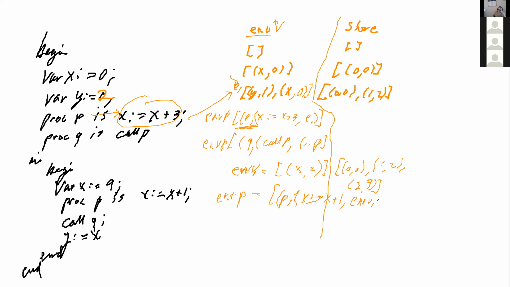Behind here is the Q pair and the old P pair. What this means is that when I evaluate this X, I look in this environment, and it says X points to location 2. And this X also points to location 2.